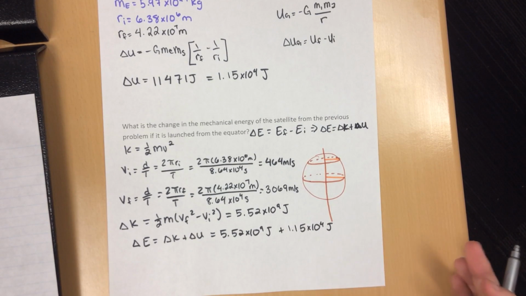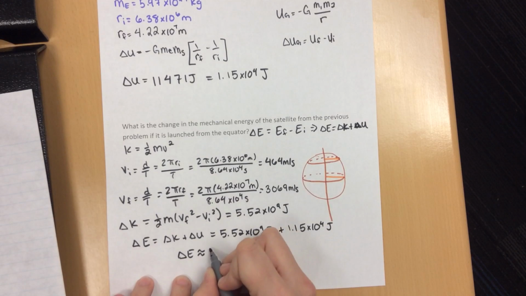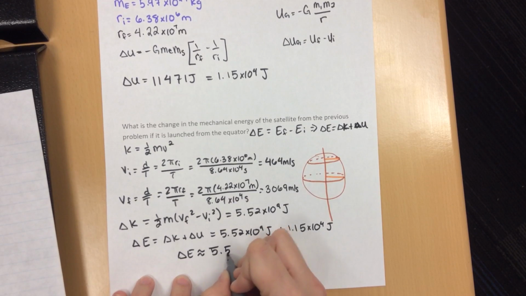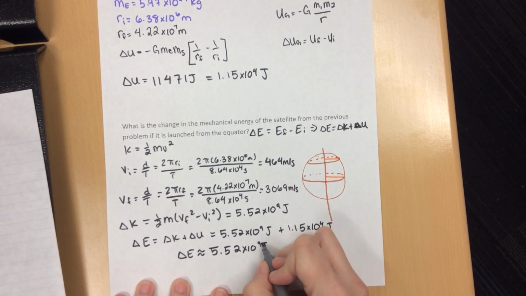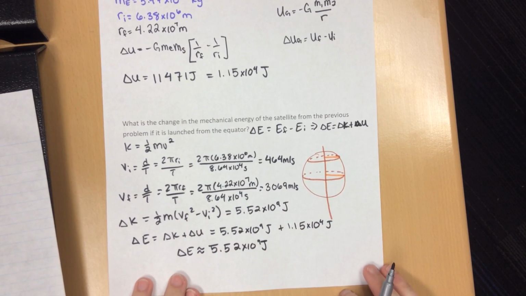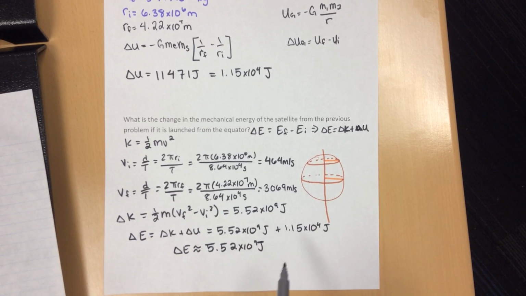When we add these numbers together and adjust for sig figs, we see that our change in mechanical energy is mostly due to our change in kinetic energy. That change in height is very, very small compared to that change in speed. So most of our change in mechanical energy comes from increasing that speed to get the satellite to orbit at some distance away from the Earth.